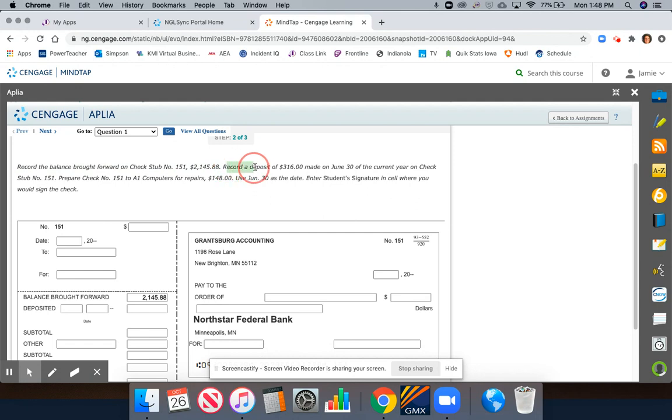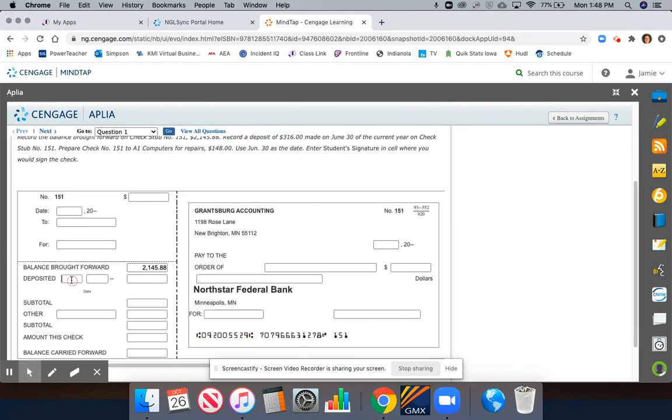Next instruction tells us to record a deposit for $316 made on June 30th. So on June 30th, so 6/30, we made a deposit for $316.